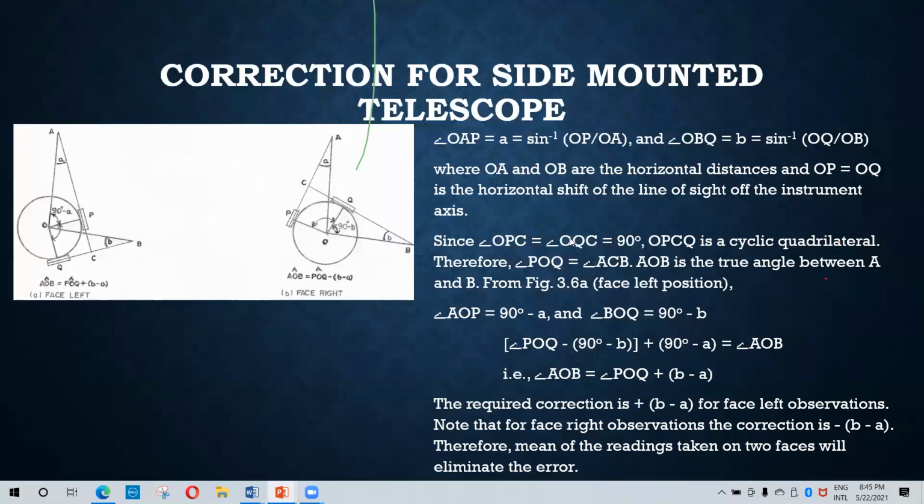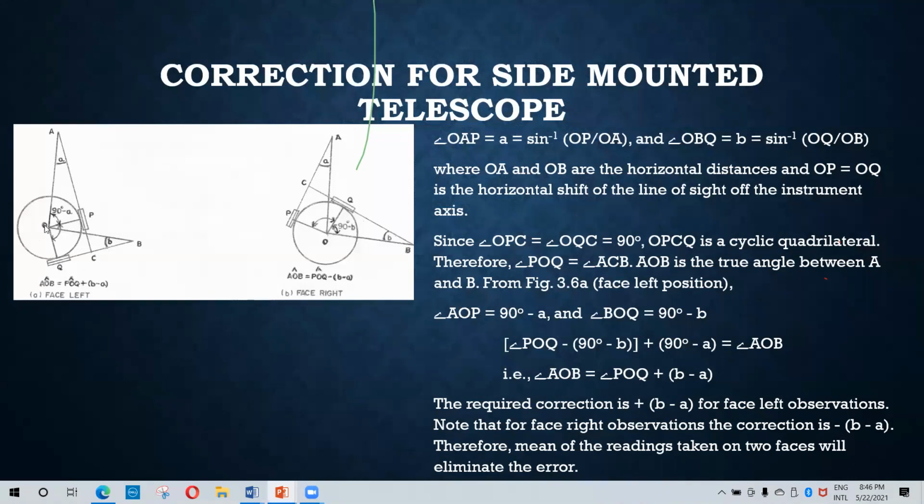Now, mathematically, if you look at this diagram, POQC is a cyclic quadrilateral, right? So there is a geometry related to this type of quadrilaterals.